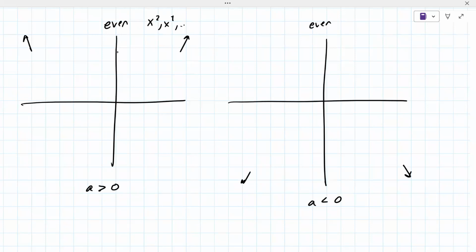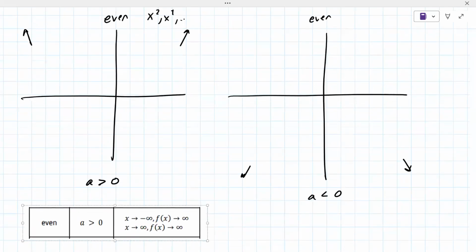This is when the leading coefficient is negative. So there's 4 graphs you have to know. And then furthermore, you have to know the end behavior, and it's summarized like this. I think it's nice to have the graphs, but this is how it's summarized here.